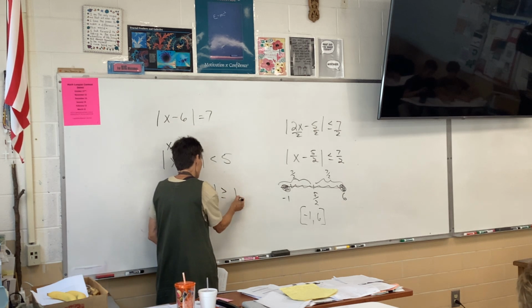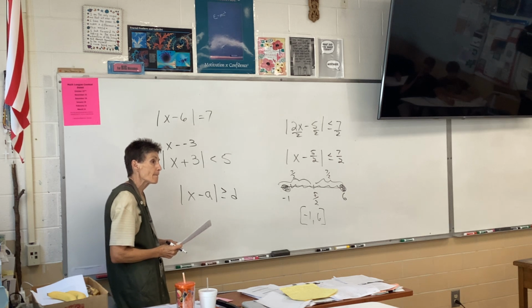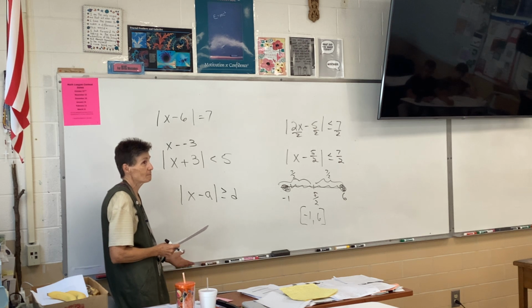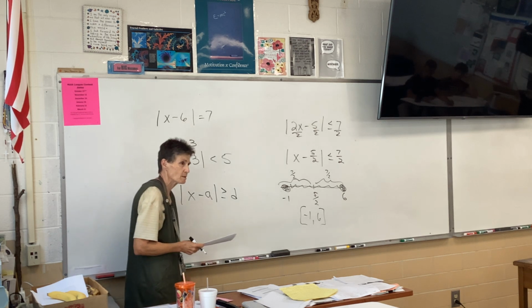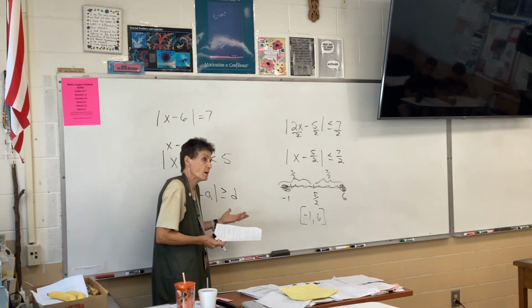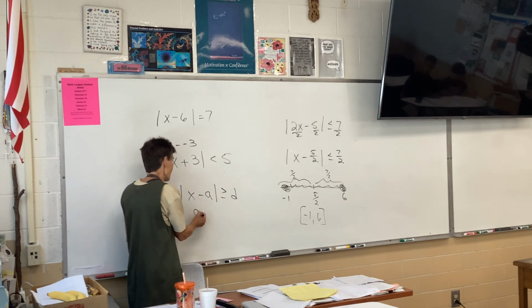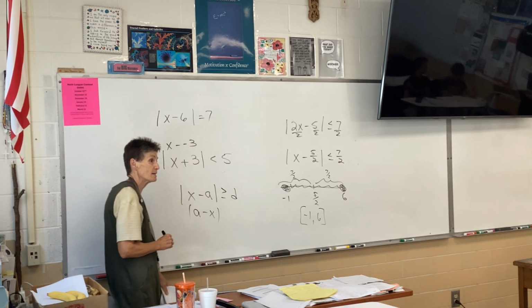Greater than or equal to d, perfect, yes. You said the order didn't matter. No, it doesn't. It's like if you said a minus x. I like to have my variable first. It's like when I write a regular equation, I usually have my x's first. But this is exactly the same, those are identical.